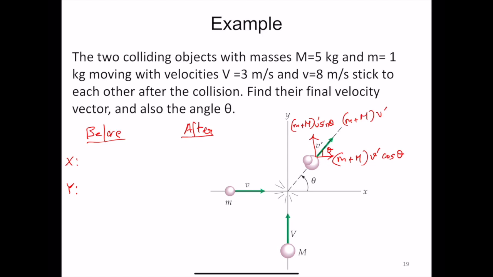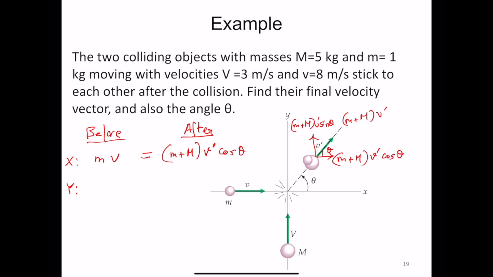The only momentum arrow I can see in the x direction is the momentum of the little mass, so it's just little m v. Let's set that equal to the total x momentum after the collision, which is (little m plus capital M) v prime cosine theta.